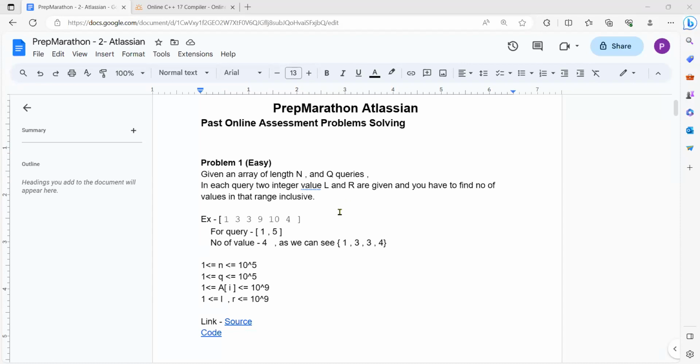Instead of 1, 3, 3, 9, 10, 4, if your array is 1, 3, 3, 4, 9, 10, then for the query 1 comma 5, the answer will be the same. So try to get information like this from the question.